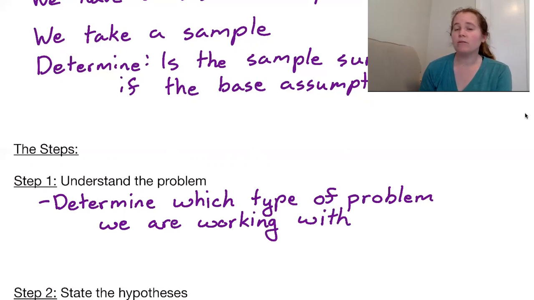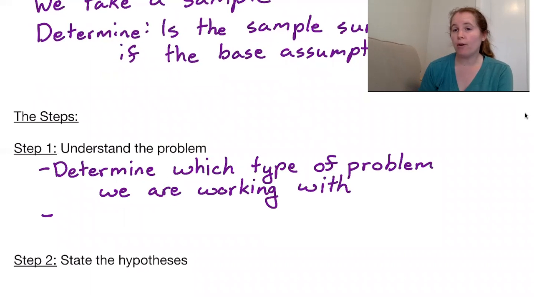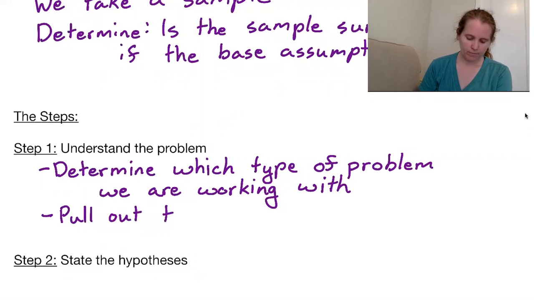You can check out my video on the types of claims to test for that. And then we just want to pull out all the relevant information, the relevant numbers, and translate it into symbols.